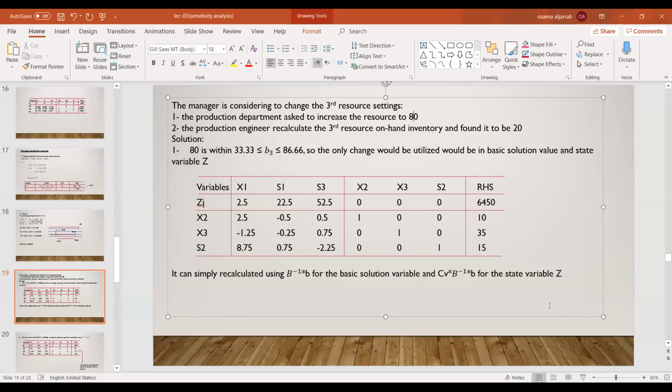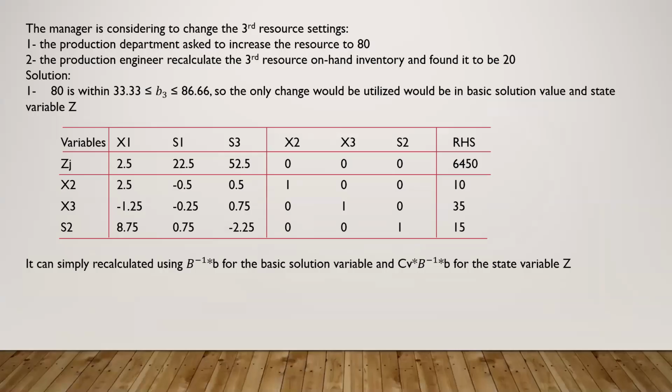I'm assuming the resource will be decreased, so from 70 it will be 60, but it's still optimal, so it's still within this range. So what will happen to x2 and x3? Are they decreased or increased? They should be decreasing, because this is the logic.